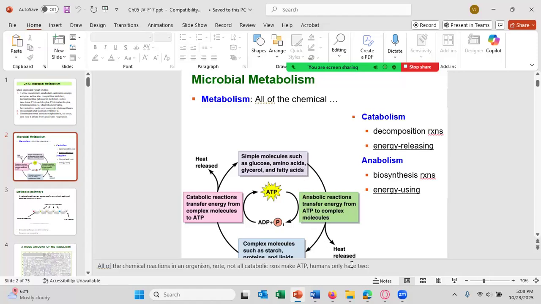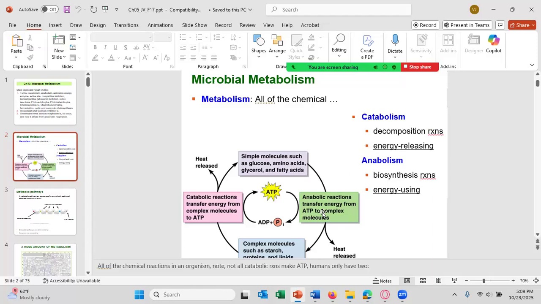So heat is always lost in a chemical reaction, and that's the second law of thermodynamics, by the way. However, since the glucose has less energy than the starch, energy must be added to this reaction. So an anabolic reaction is an energy-using reaction, and this reaction cannot happen unless energy is added to make the reaction go.